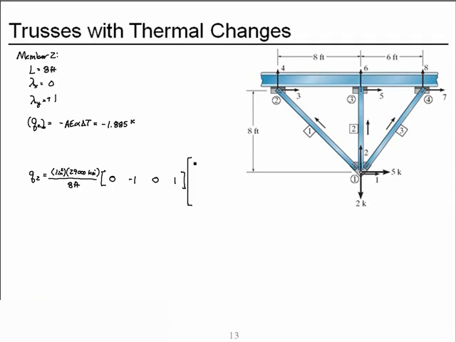And 1 and 2 we saw were 2.286 times 10 to the minus third feet, and minus 1.035 times 10 to the minus third feet. Degrees of freedom 5 and 6 are constrained, so their displacements are 0, and we have the fixed end force.